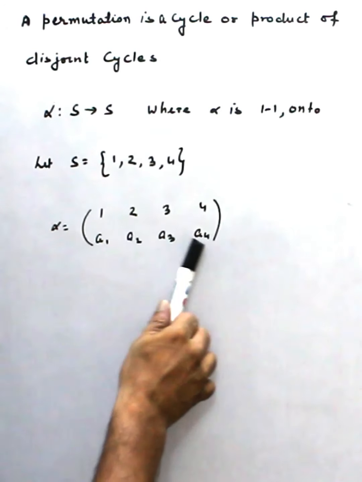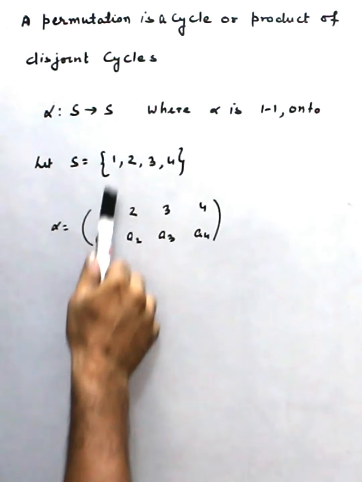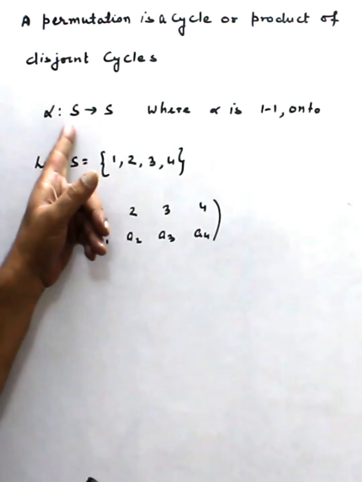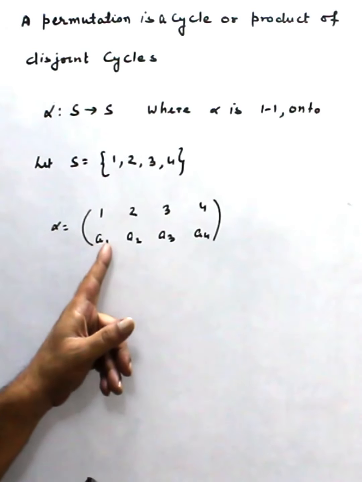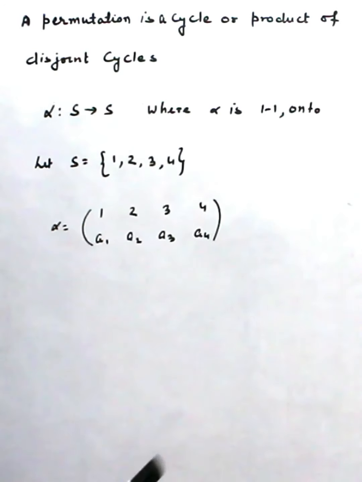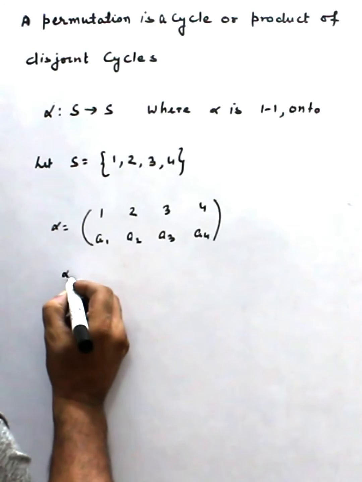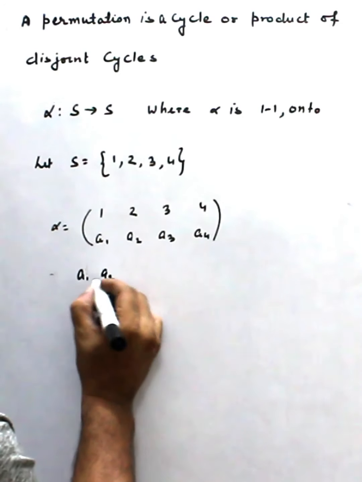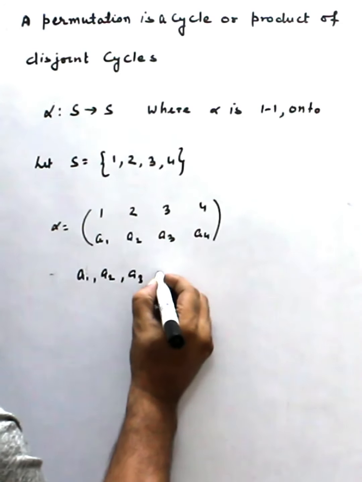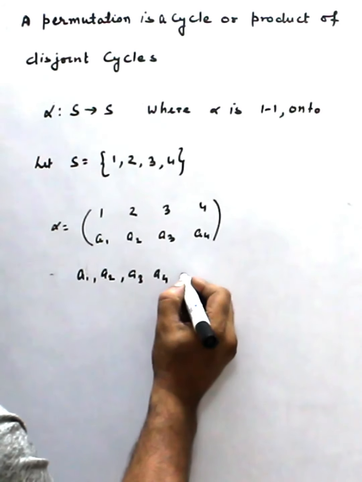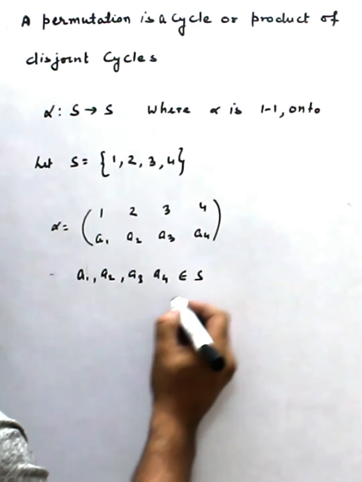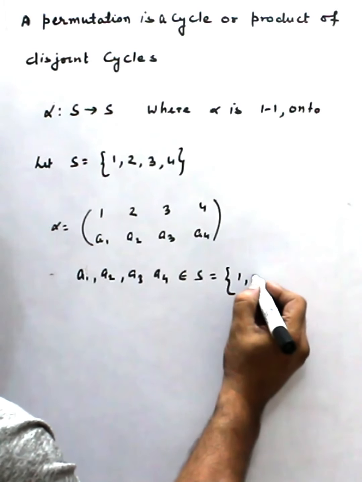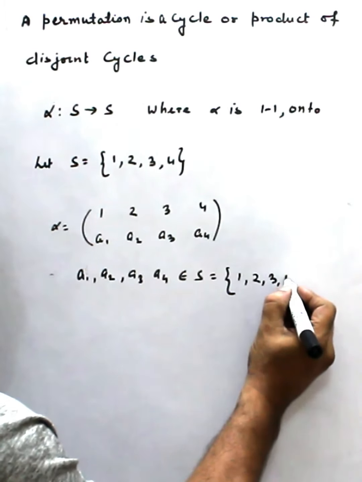A1, A2, A3, A4 are the images of 1, 2, 3, 4, and because the function is from S to S, they are not different from 1, 2, 3, 4. That means A1, A2, A3, A4 belong to S because they are the images and they can take values 1, 2, 3, 4.